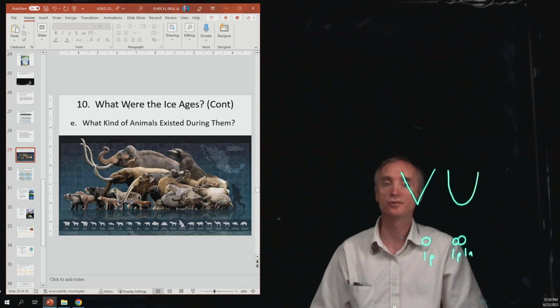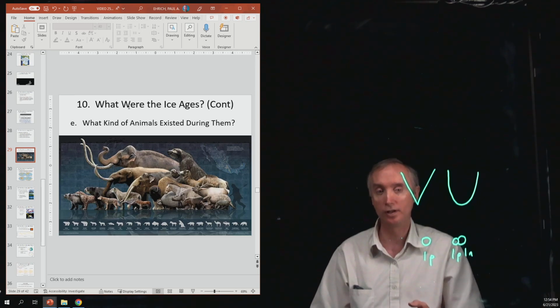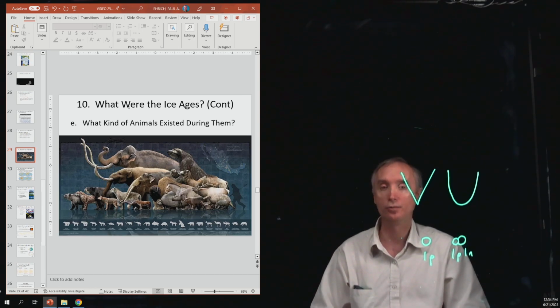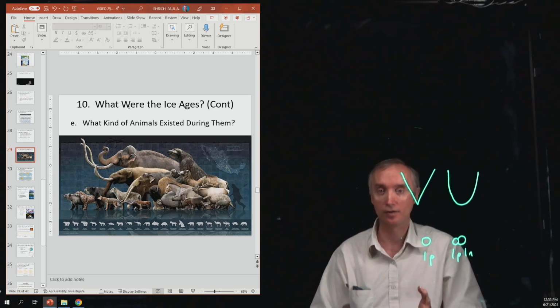Here's a picture that shows some of the different kinds of animals that existed during the ice ages. For example, you have the woolly mammoths, which were related to elephants, but they had a thick coat of hair that would allow them to exist during these cold spells. And then you also have things like saber-toothed tigers and giant sloths. So there were very large animals that existed during the ice ages.